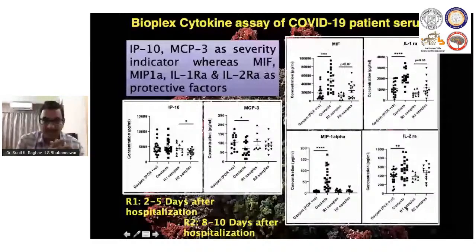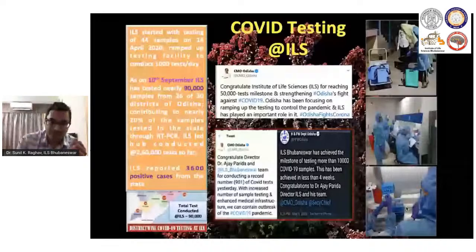Now, I would like to conclude with 1 or 2 more slides. So what we are doing in terms of COVID testing in ILS, we have done really a large number of samples till now. From March, we have done around 90,000 samples.